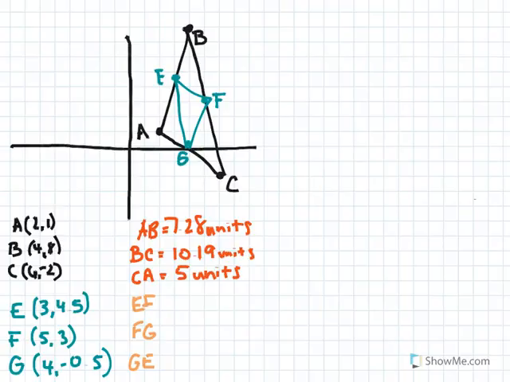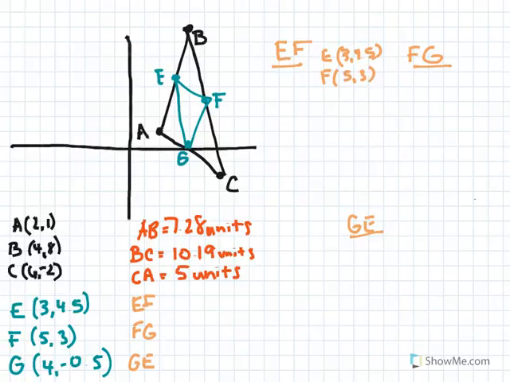I'm going to set up an area where I can calculate the distance of EF, FG, and GE. Okay, so first I'm going to write my coordinates. E is 3, 4.5, and then F is 5, 3.